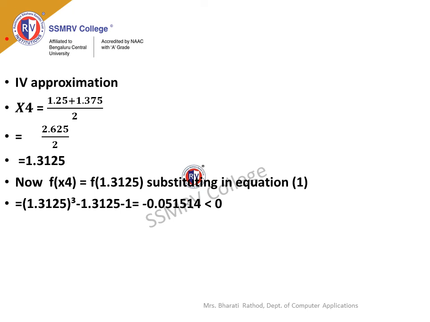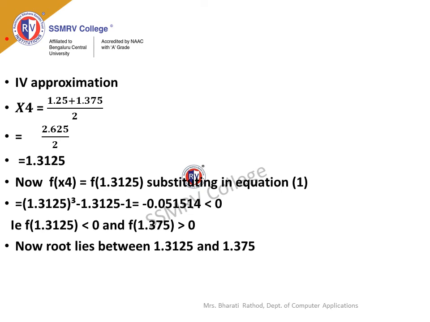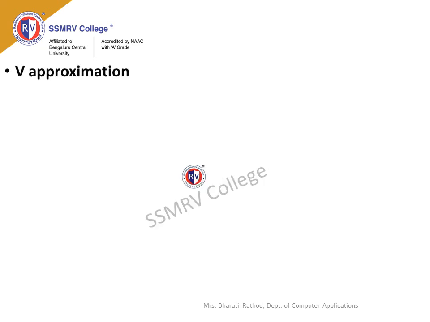We get f(x4) = −0.051514, which is less than 0. Now we will choose the positive value from the previous approximation step. Hence, the root lies between 1.3125 and 1.375.